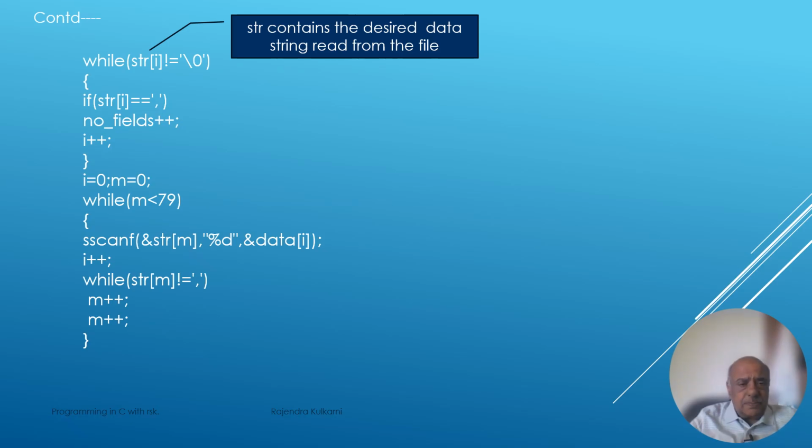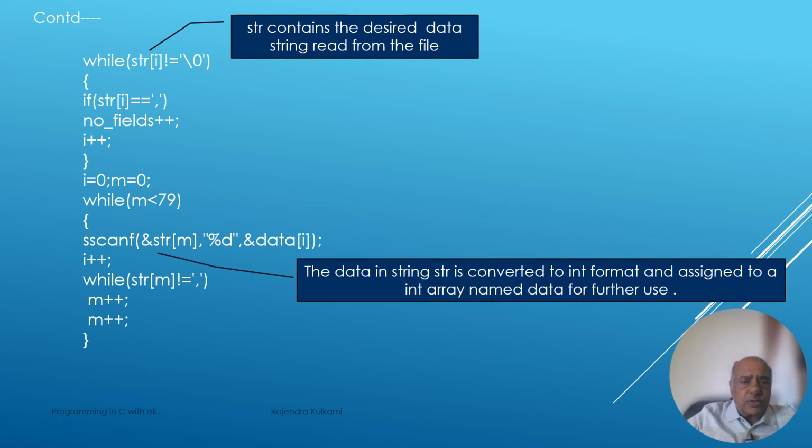While str[m] not equal to comma, m plus plus. What we are doing here is advancing and presenting the scanf function with an array which now points to the first character after the first comma. Up to the first comma we have converted.